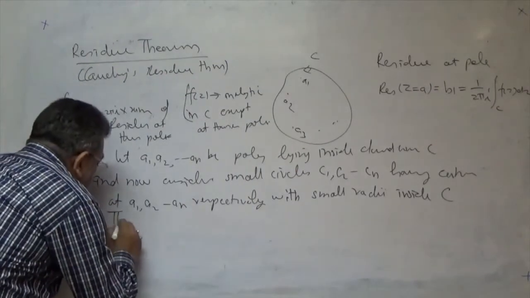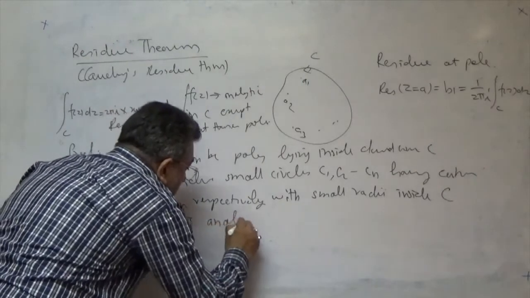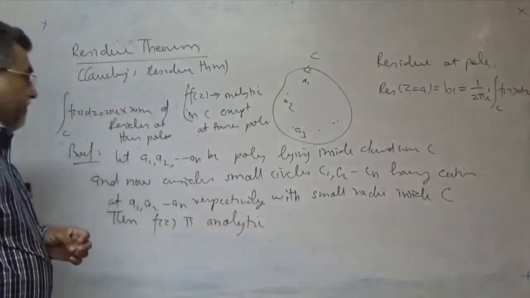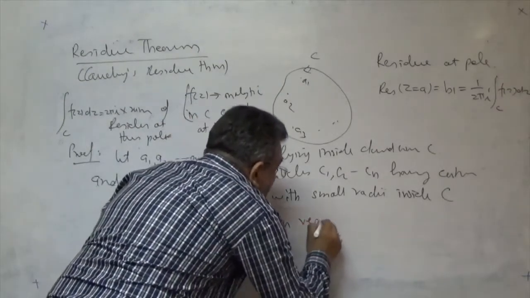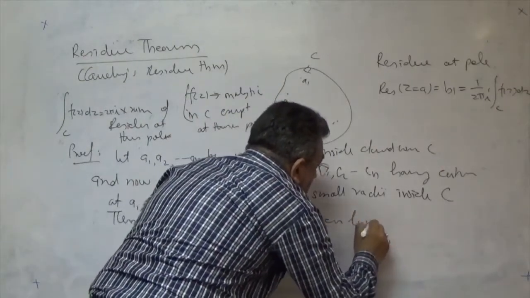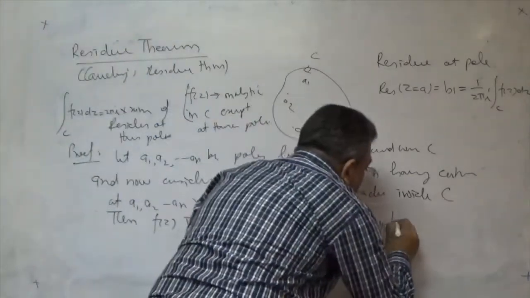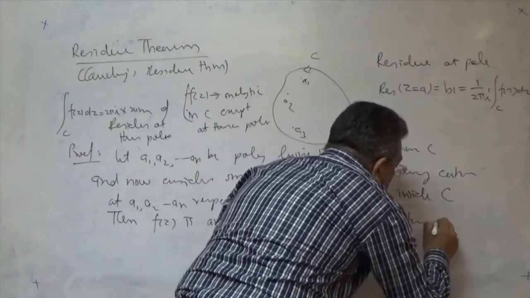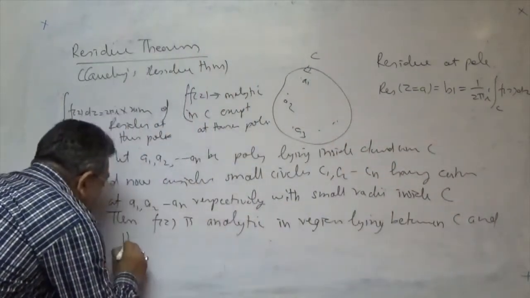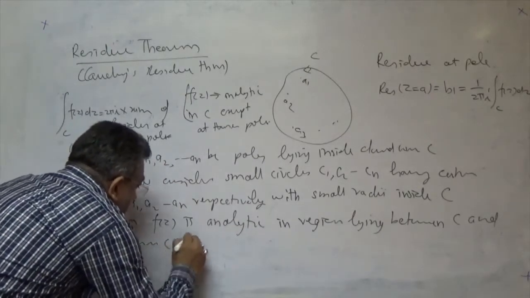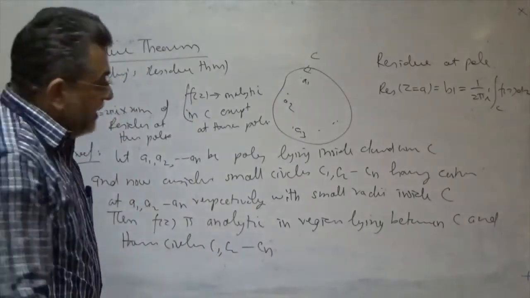Then f(z) is analytic in the region lying between C and these circles C1, C2 and Cn.